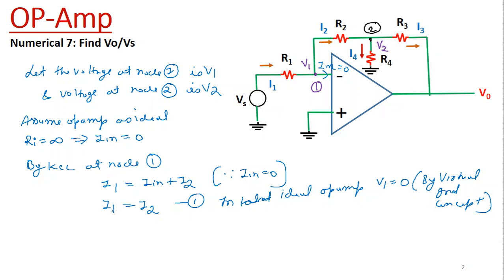So first we find I1 and I2 from the circuit diagram. I1 will be equal to Vs minus V1 divided by R1, and I2 is equal to V1 minus V2 divided by R2, where node 2 voltage is V2. Now we put V1 equal to 0 in this equation.